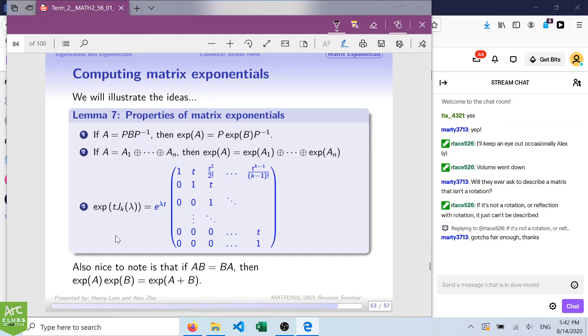We can see that because a Jordan block has all these eigenvalues lambda, and then we have all the Pascal triangle expansion, then the exponentiation of that is conveniently this Taylor series looking expansion.